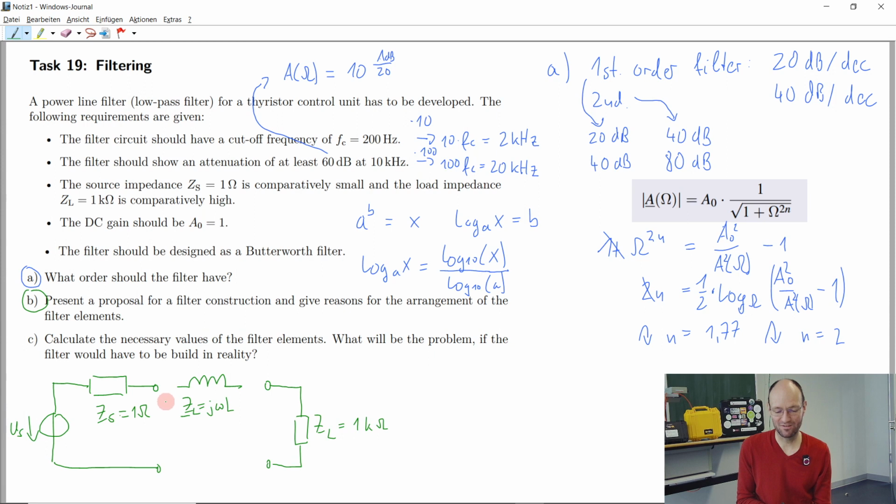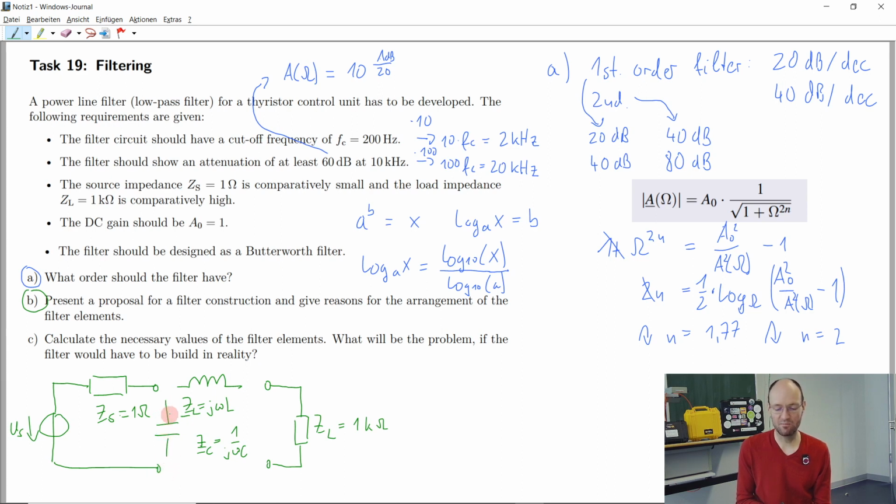Okay, let's draw some capacitor here, and let's think about this. So the impedance of the capacitor ZC is 1 over j omega C. So the higher the angular frequency, the smaller the impedance, and so high frequency components will be dissipated to ground.